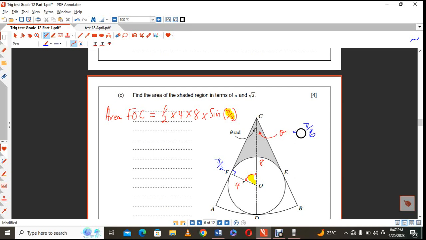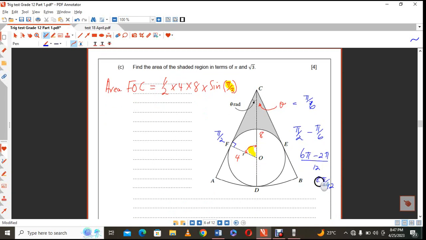All right, so that was pi over 6. So for me to find this angle here, I would just take pi over 2 minus pi over 6. So that's 6 pi minus 2 pi over 12. Well, that is going to give you 8 pi over 12, and then you can go ahead and simplify that.